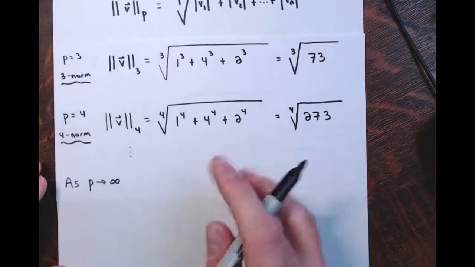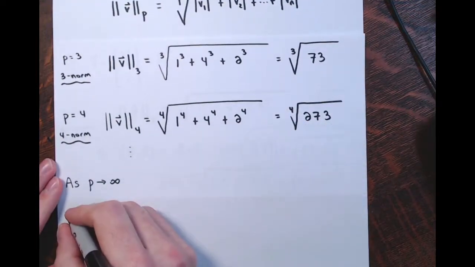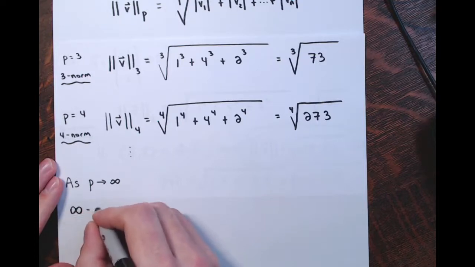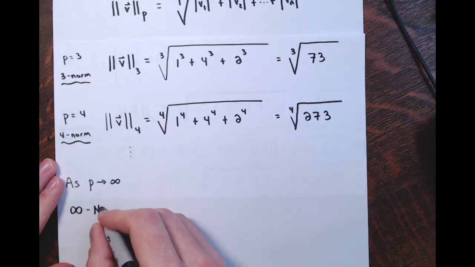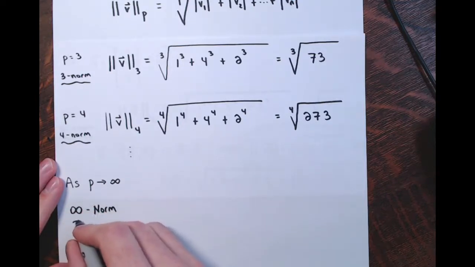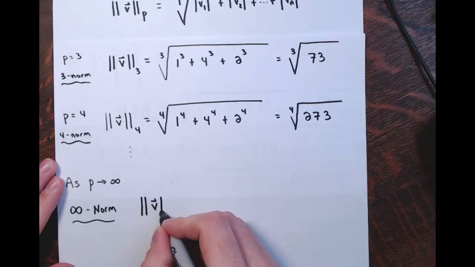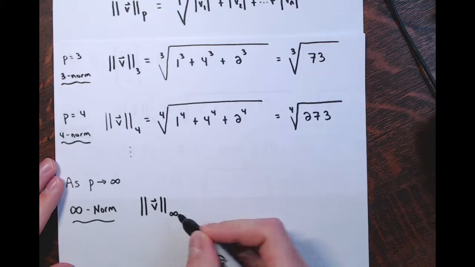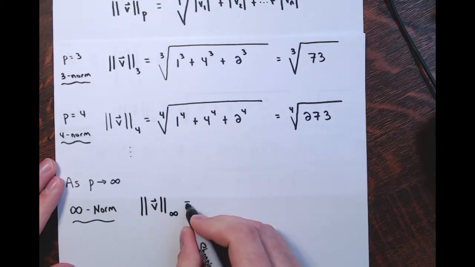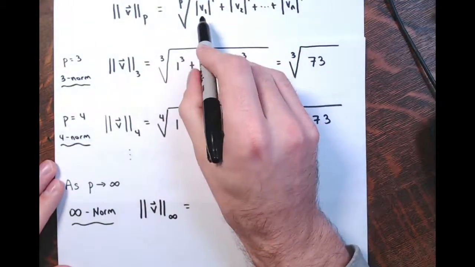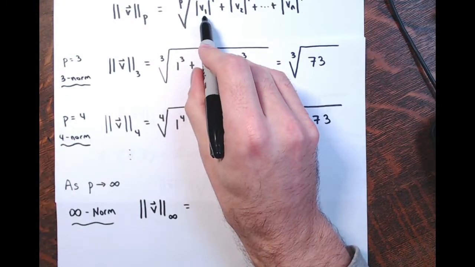So what you're going to see here is called the infinity norm. The norm of v, with a subscript of the infinity symbol. What you end up with is just the largest absolute value of any of the components.